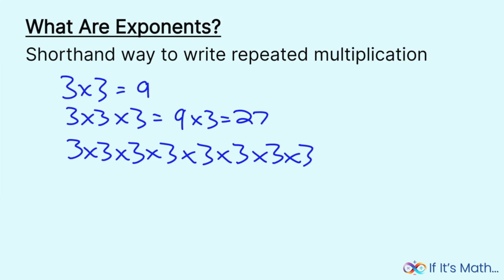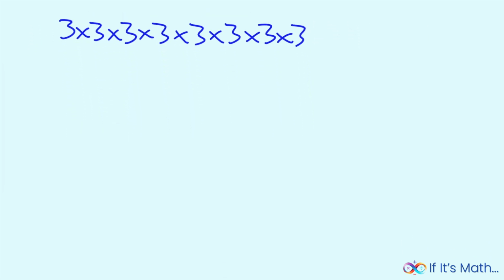So what exponents do is they really give you a way to write this in an easier format. So what we know for exponents is if we have, for instance, 3 times 3, then that is the same as 3 raised to the second power, or 3 squared.